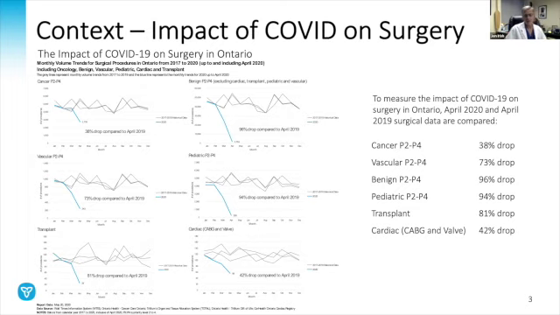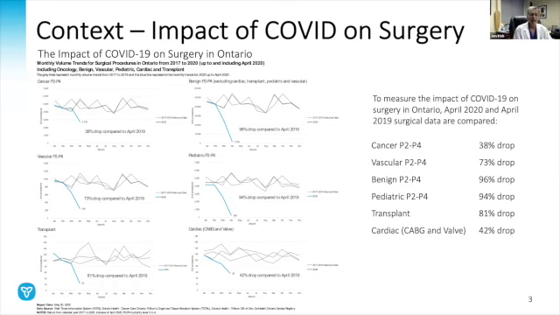You can see the significant drop of 38% in cancer surgery, vascular surgery 73%, and of course all the way down to benign surgery where there was a 96% drop in clinical activity. And the impact of care, of course, is the gap between historical volumes. After all, COVID-19 didn't cure cancer, it didn't cure cardiac disease, nor did it solve all of the chronic problems that patients have and require surgical correction for, like hip joint replacement and cataract surgery.